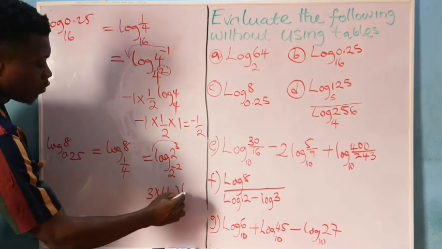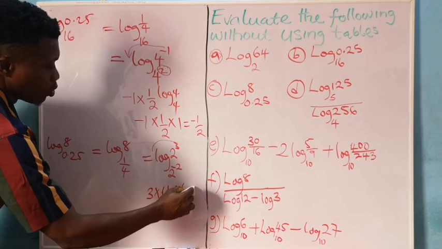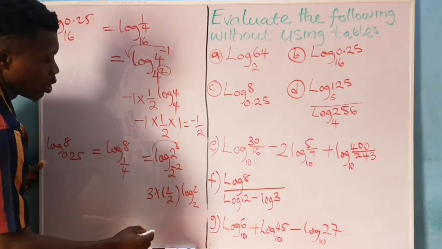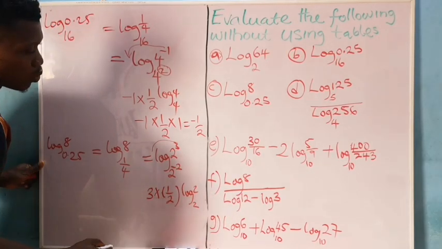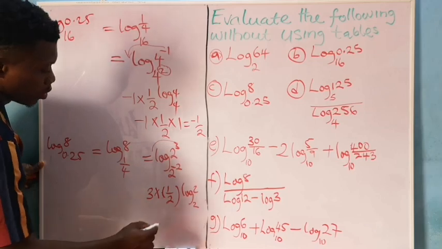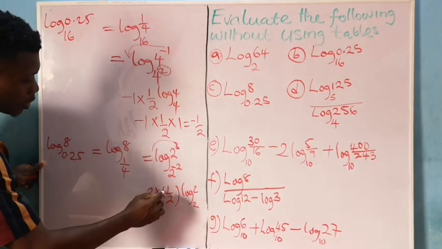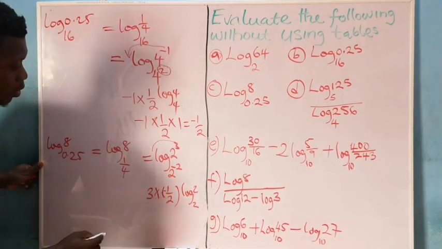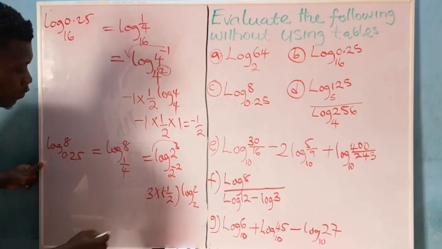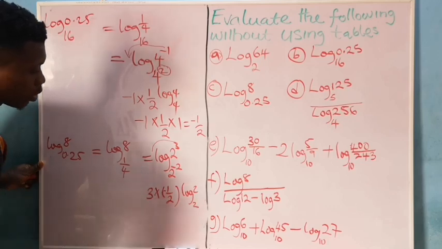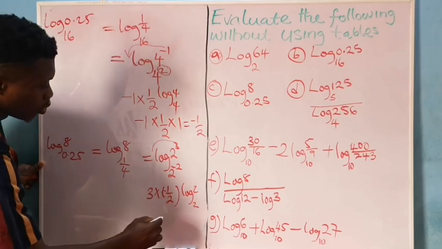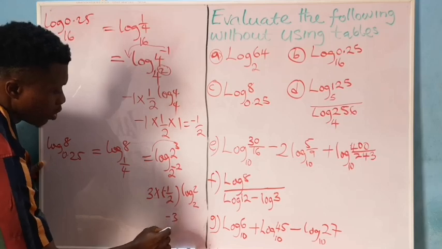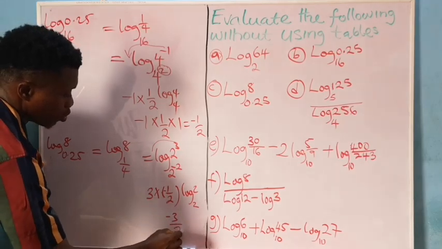We now have log 2 to base 2, and log 2 to base 2 will give us 1, so that we now have 3 times minus 1 all over 2, which will now give us minus 3 all over 2.